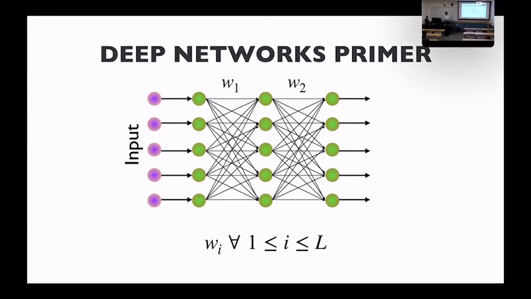In more recent models that people use, you can have this L, which is called the number of layers, be even up to 100 or 200. So there are neural networks that have an enormous number of weights that need to be trained. And then finally, at the last layer, we get the output of the neural network.